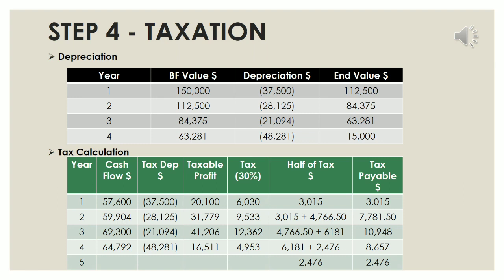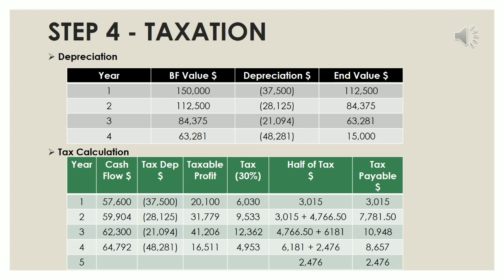In other words, 6,030's half is $3,015. And the other half of $3,015 will be paid in the second year, with the second year's first half of 30% tax, which means in the first year they pay half of the tax payable for the year, and in the second year they pay the first year's balance tax and half of the second year's tax payable. Only to meet that condition, I have made this table with two additional columns.